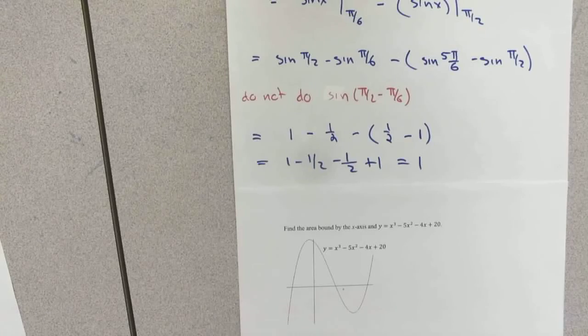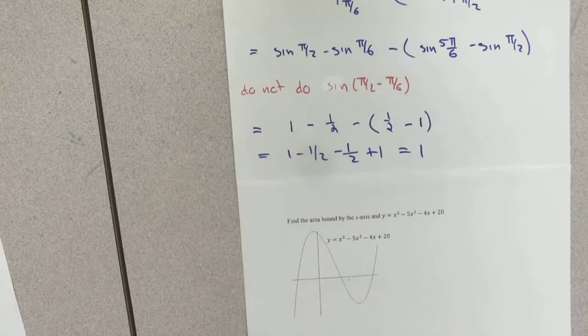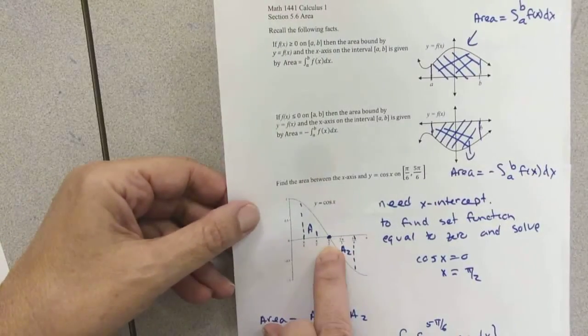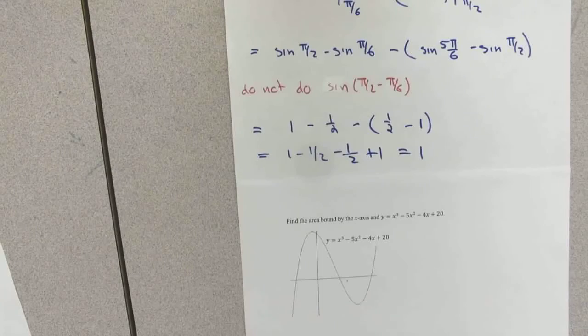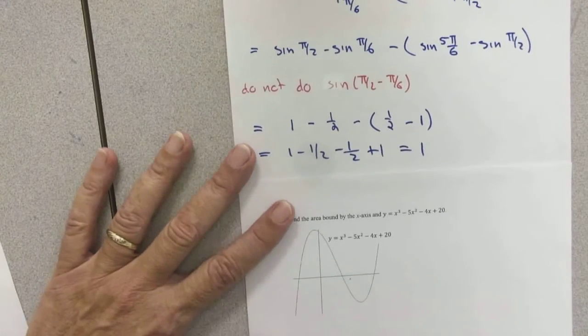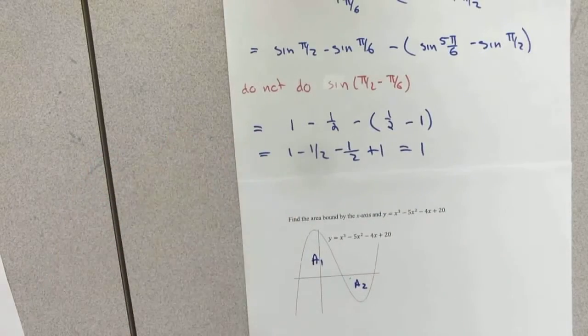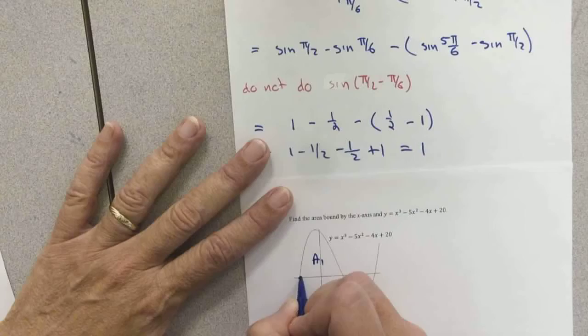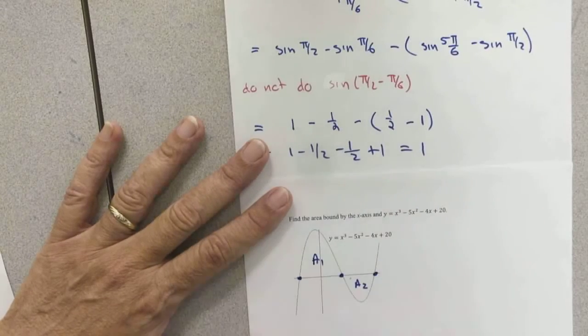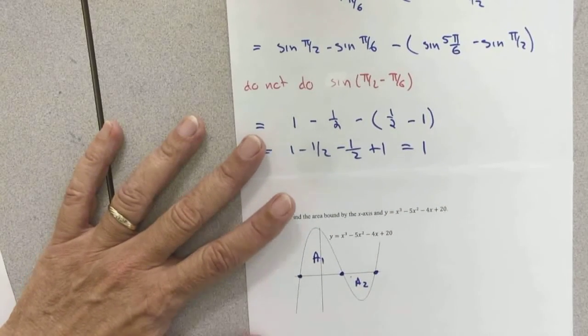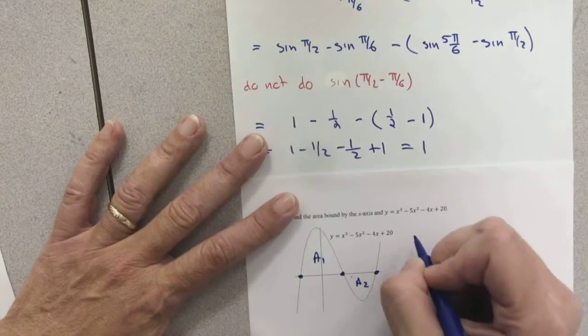Now, what's not perfectly fine, and here's why I suppressed all my tick marks. Like I said on the previous one, you can't guess by looking at a graph what your x-intercepts are. So the first thing we need here are the x-intercepts, because I'm going to have two regions, one above the x-axis, one below the x-axis, and what's defining each one of those regions are my points of intersection, or my x-coordinates.